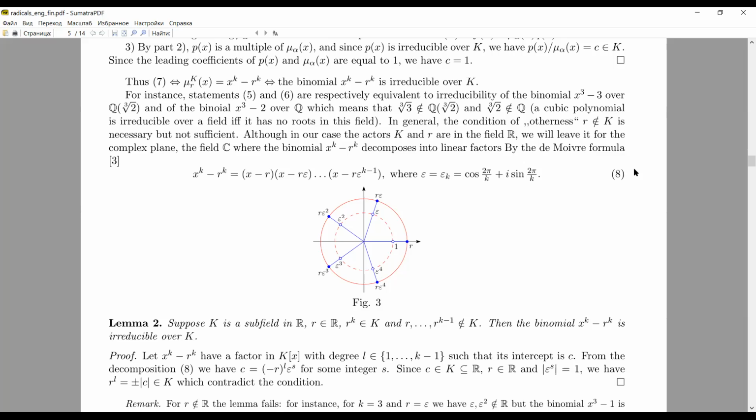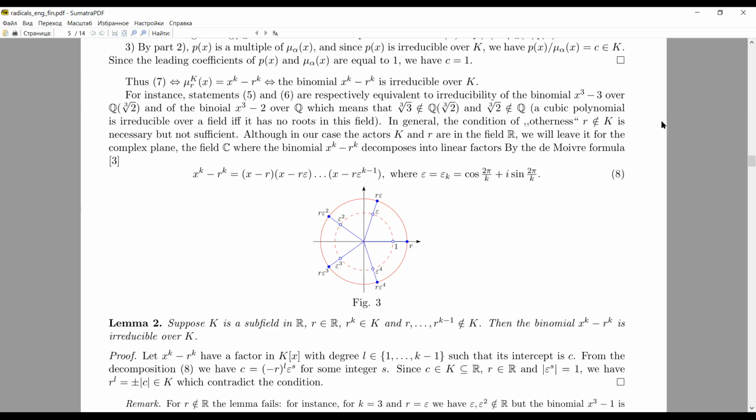In order to understand when this binomial is irreducible over K, we use complex numbers. Though all our heroes are real, both the field K and the radical r are in the real numbers, we need to use complex numbers. More precisely, we use Moivre's formula. We decompose this binomial into linear factors.